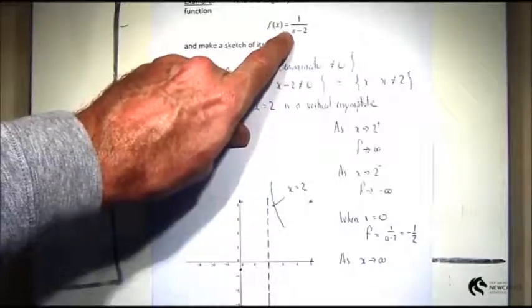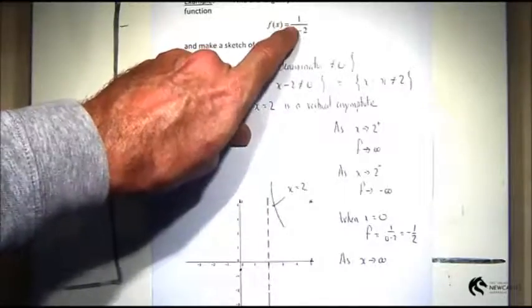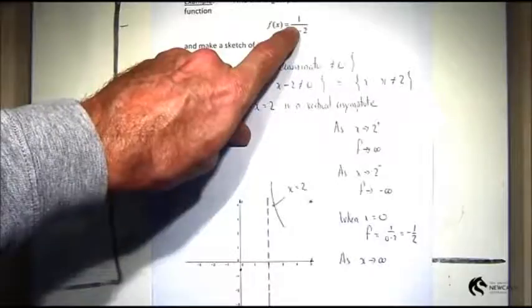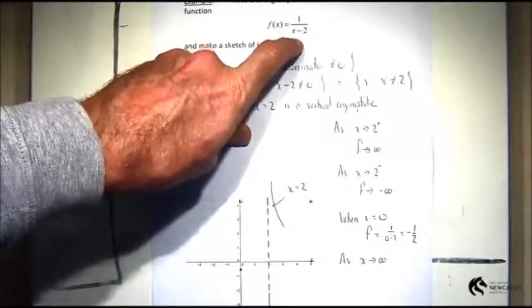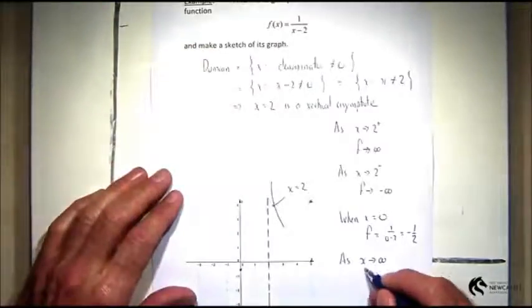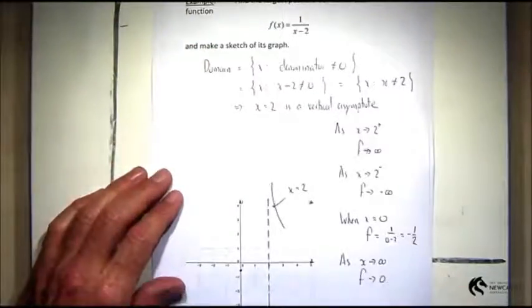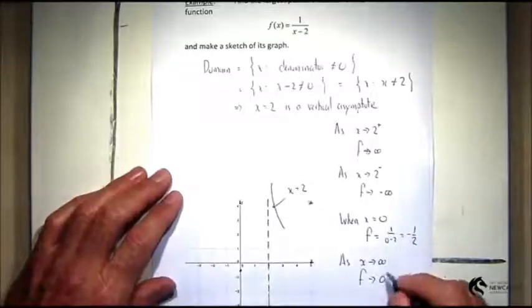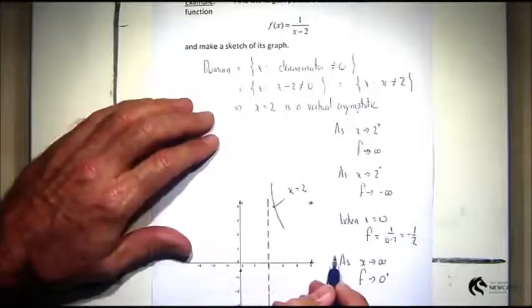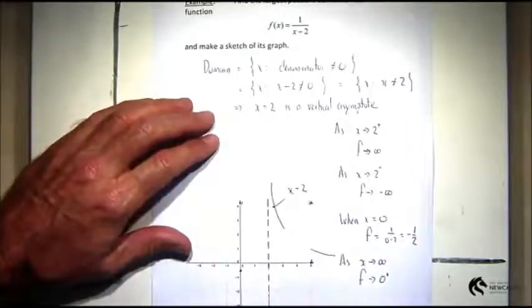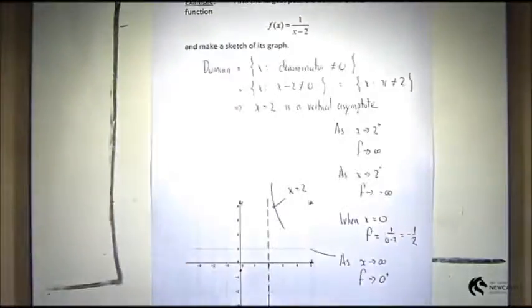So as x gets larger and larger, this thing gets closer and closer to 0. You can think of it as 1 on 1,000, 1 on 1,000,000, 1 on 5,000,000. So as we go out here, f goes towards 0, and I can put a little plus sign because those numbers are always positive. So it's going towards 0 from above. So I can say the graph does that. There's a lot of thinking in here. This will take some practice.